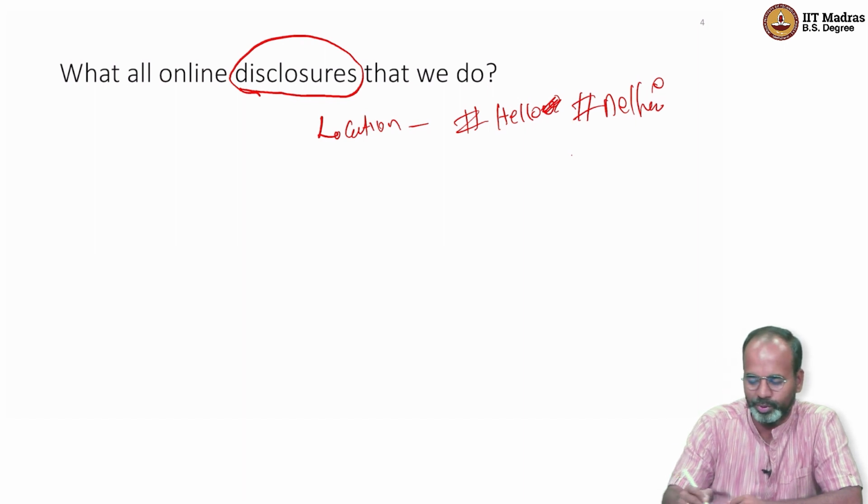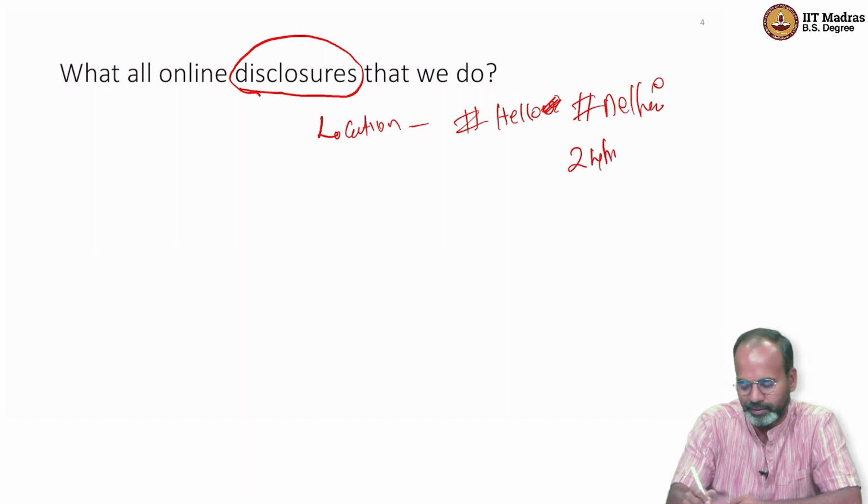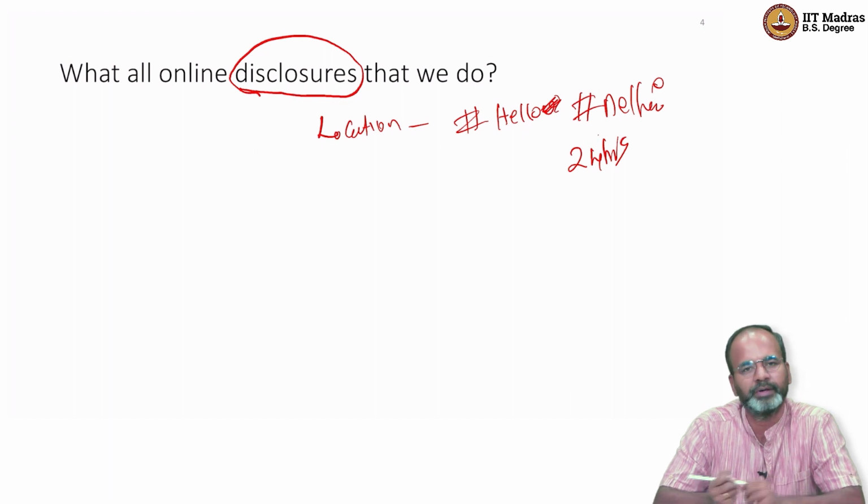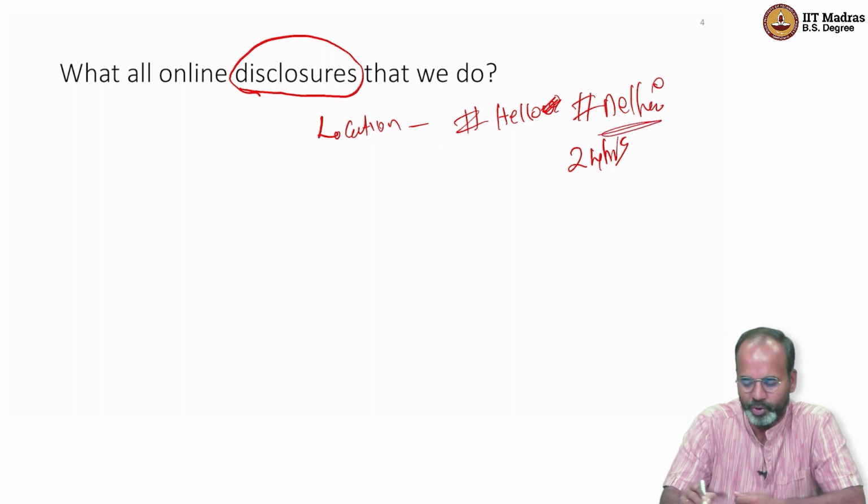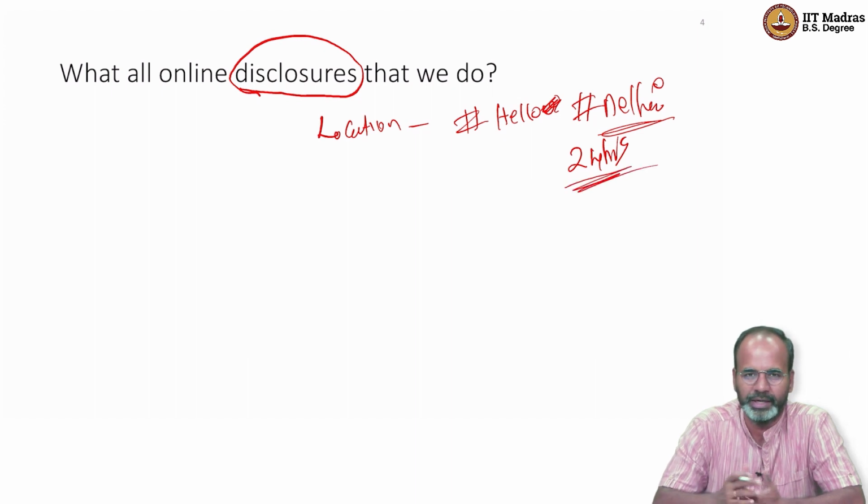And I'll also put saying 24 hours. So what does this say? This says that I'm going to be in Delhi for the next 24 hours. I'm disclosing that information.